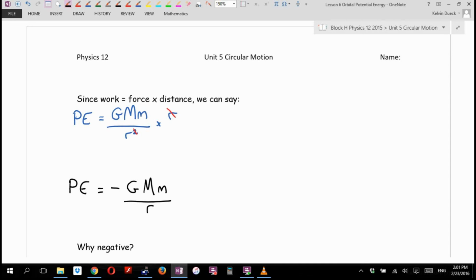Negative. These are all negative numbers. The reason there's a negative in my potential energy equation is it turns out if I define 0 to be infinity, this has less energy. What numbers are less than 0? Negatives. A little weird, but it's going to actually work out quite nice.